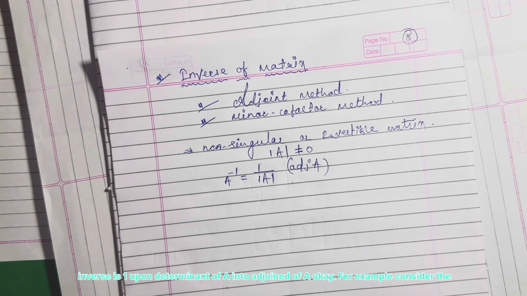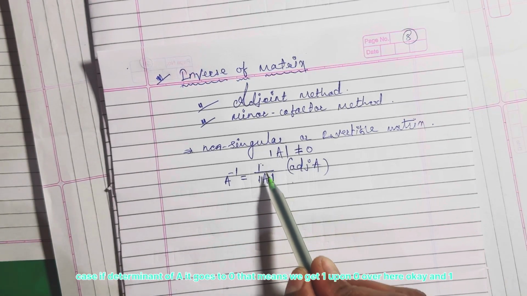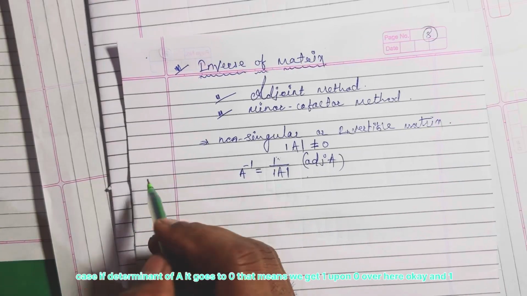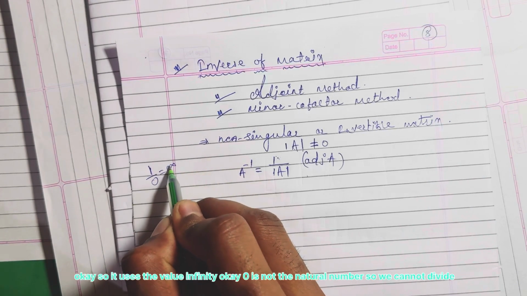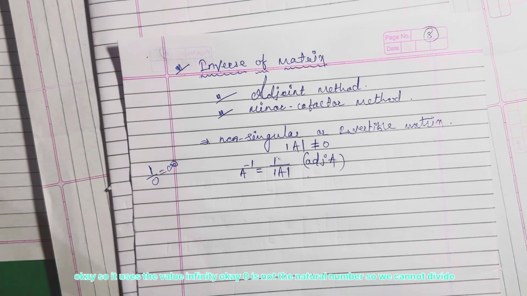For example, consider the case where the determinant of A goes to 0. Then we get 1 upon 0 here. Can we define 1 upon 0 in mathematics? No, we never define 1 upon 0 in mathematics. It gives the value infinity. 0 is not a natural number, so we cannot divide any number by 0.